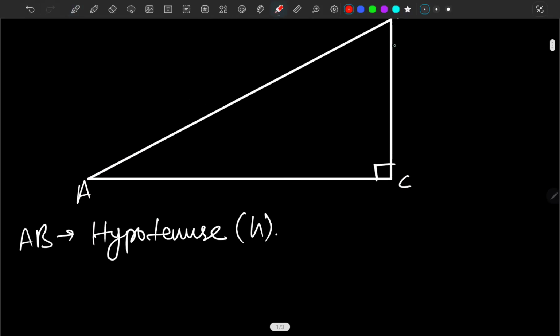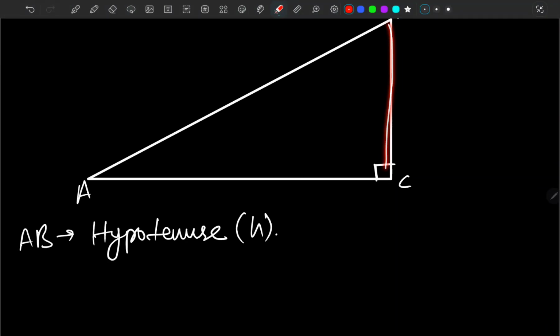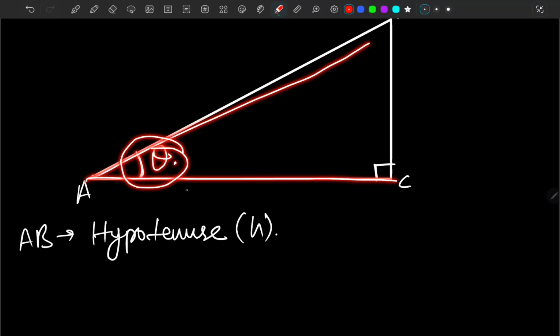Take a look at this. Let's say this is the height and this is the base. Let's say this angle is theta, right? This side is making the angle with the hypotenuse, so we would consider this as the base.